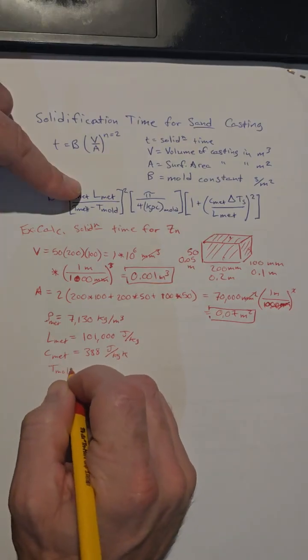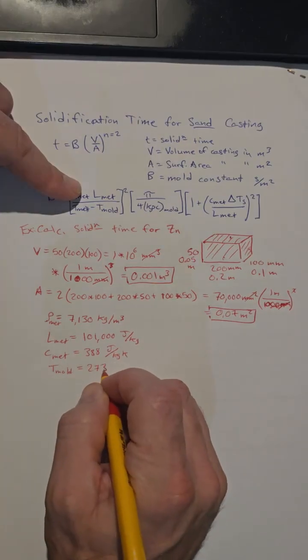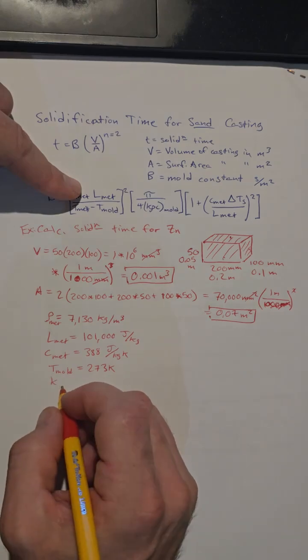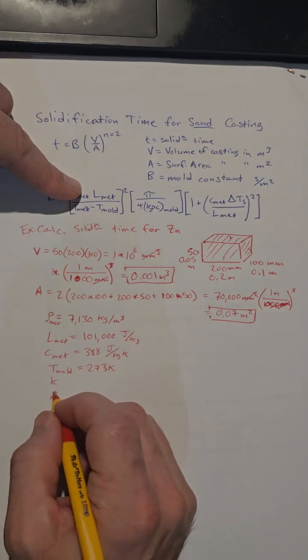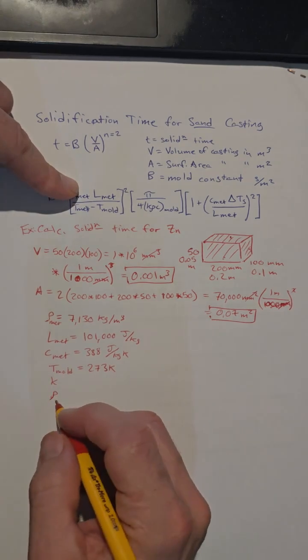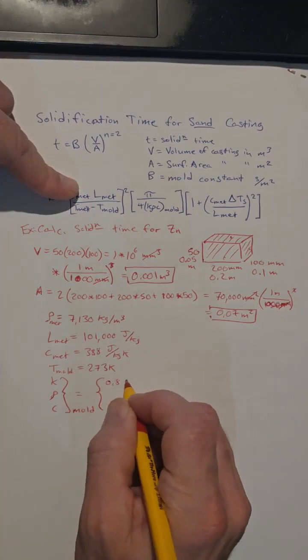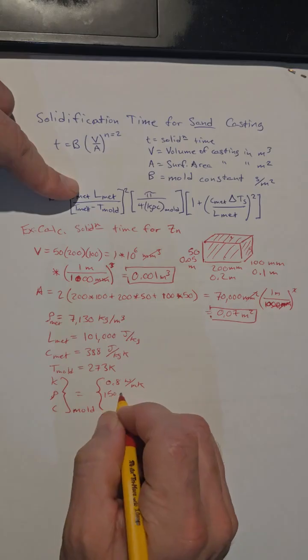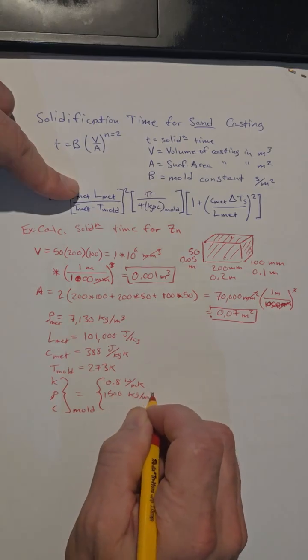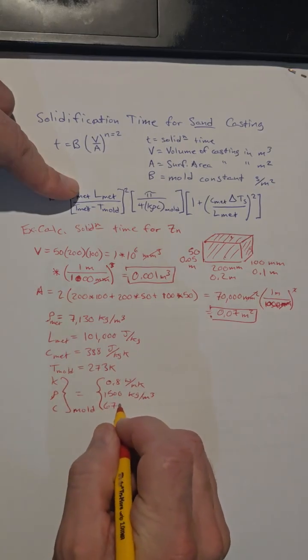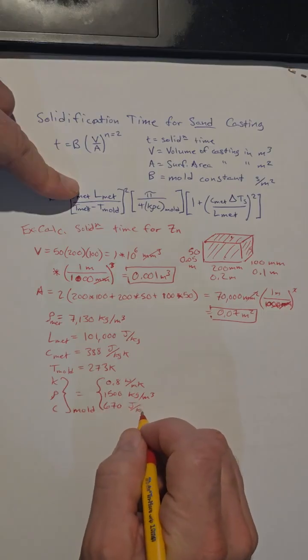The temperature of the mold, sand, is room temperature, 273 K. The K value, density, so that's thermal conductivity, density, and specific heat of the mold are 0.8 watts per meter Kelvin, 1,500 kilograms per meter cubed, and 670 joules per kilogram Kelvin.